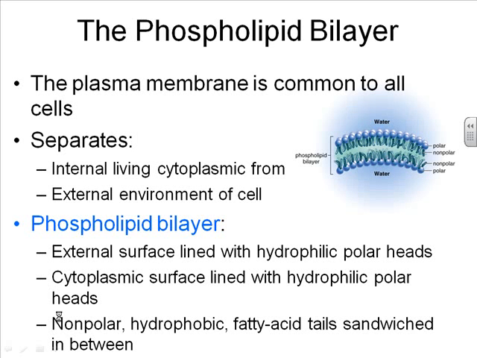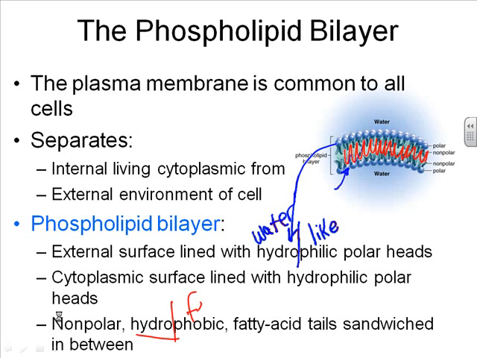In order to separate the internal and the external, we have to line it with heads that are a phosphate but that are hydrophilic. They like or love water. On the cytoplasmic side, we have the same hydrophilic heads. But in the middle, we're going to put between them nonpolar hydrophobic tails. They fear water.